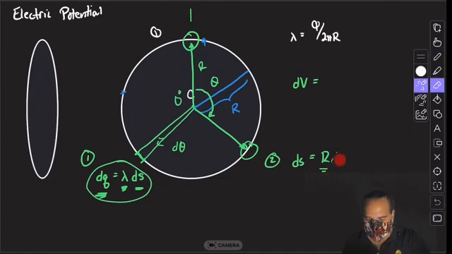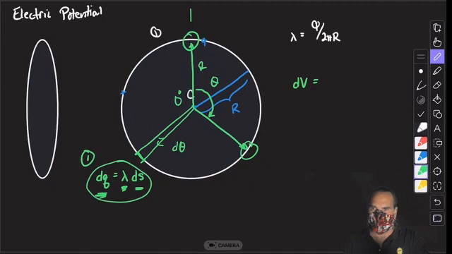Step three is going to be to use the definition of the electric potential for a point charge, but adjusted for a piece of charge. Good so far?